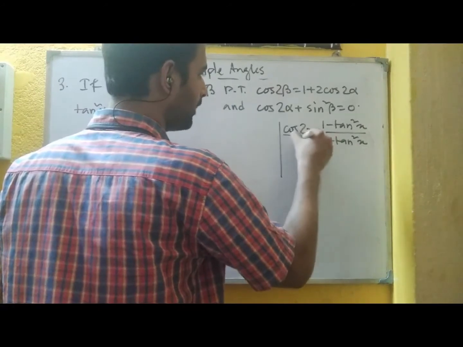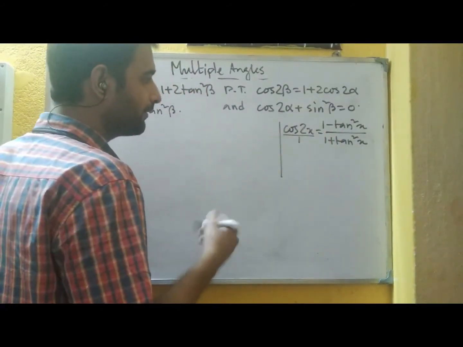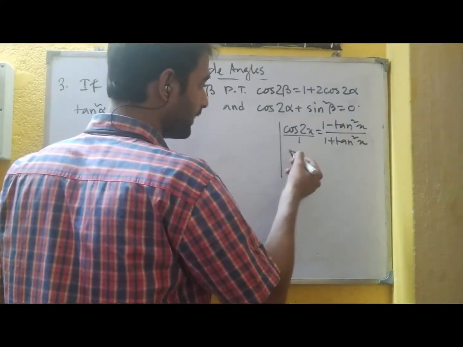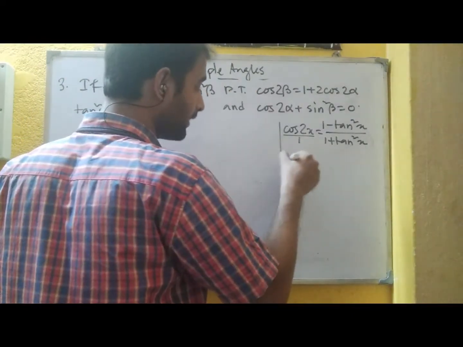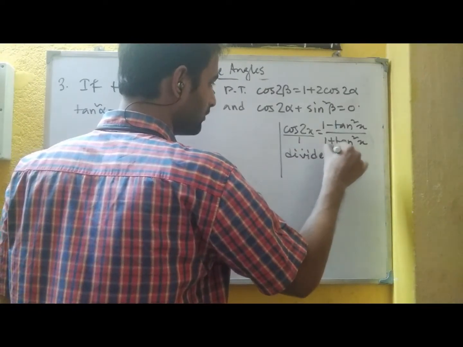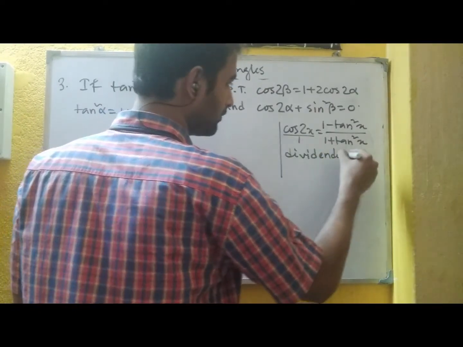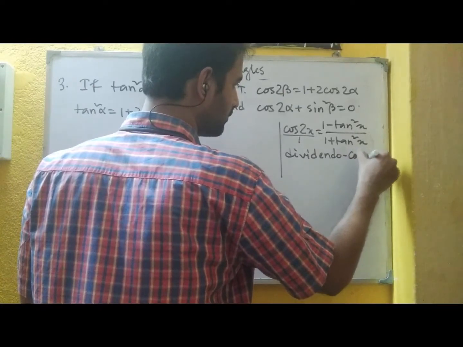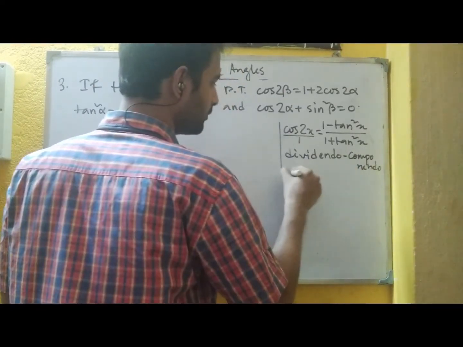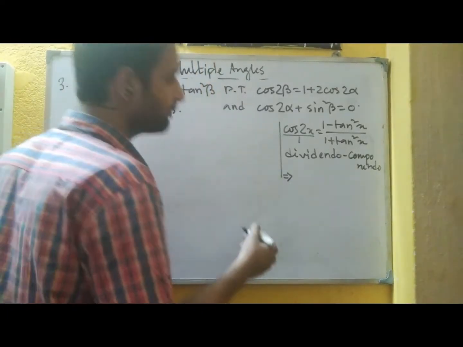You can take a 1 in the denominator in the left hand side, and you can apply componendo dividendo, or dividendo componendo. This will give you b minus a by b plus a.